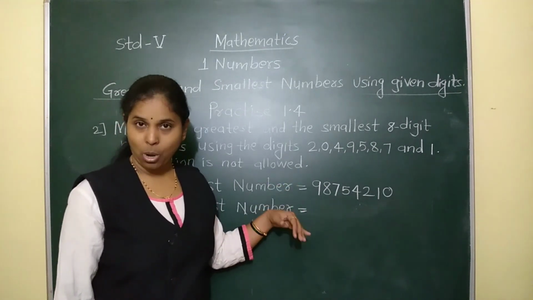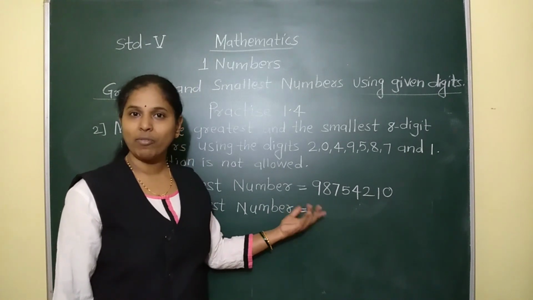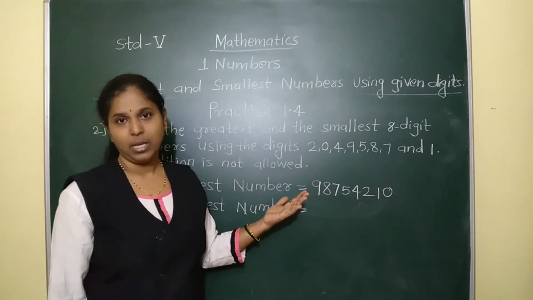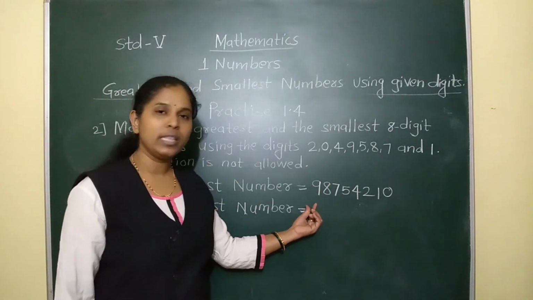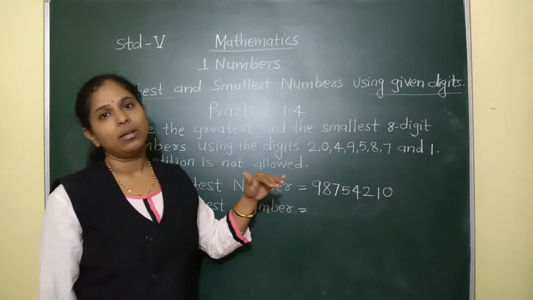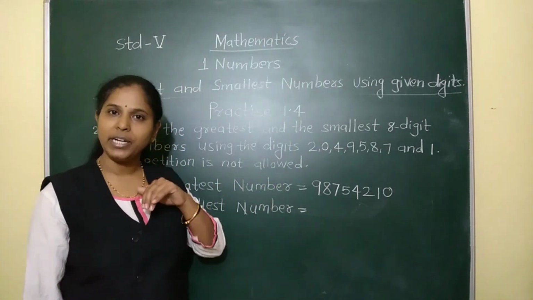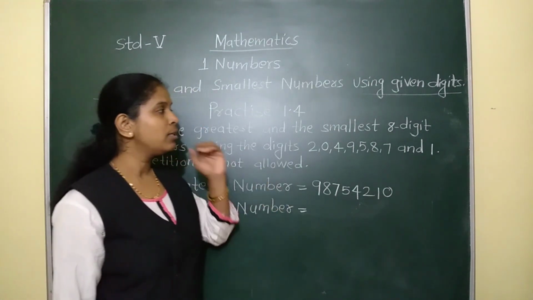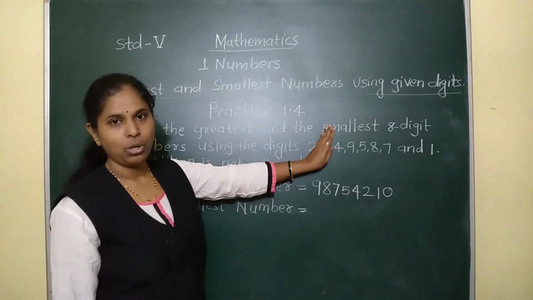No, because if we write 0 in the beginning, then what will happen? It will not make an 8-digit number. Instead of 8-digit, if we write 0 in the beginning, it will become a 7-digit number, and we want an 8-digit number. So what do we have to do? See here, first leave 0. Don't look at 0.